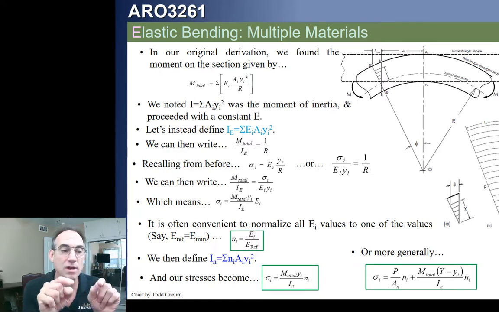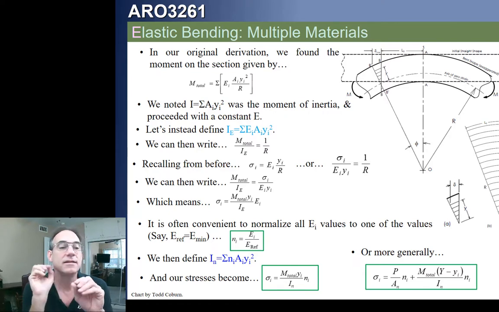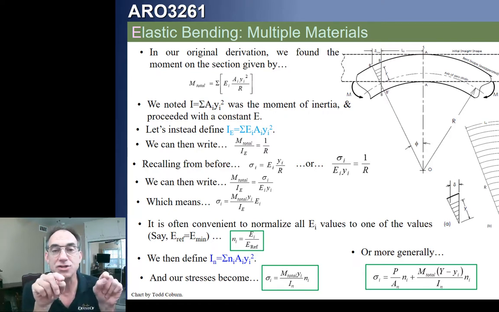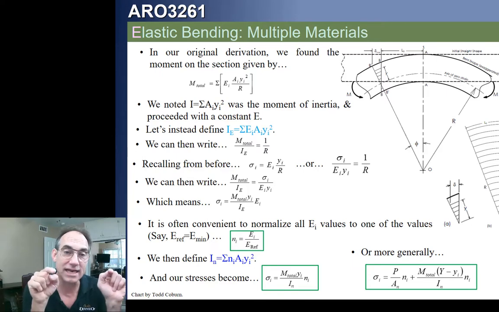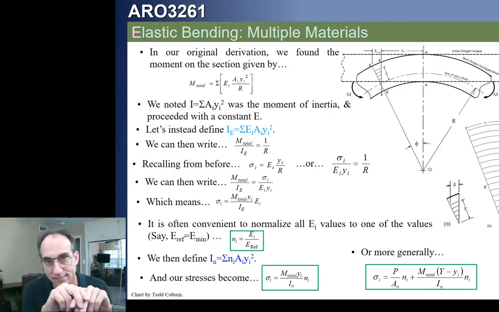We're going to need the moment divided by the moment of inertia. And we're going to need our y bar minus I times the n. Both these terms now, because the A is not A but A sub n, and the I is not I but I sub n, both of these terms will need an n multiplied against it in order to get the units right and get the stresses correct.